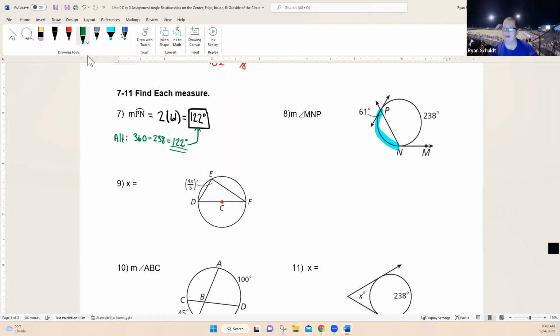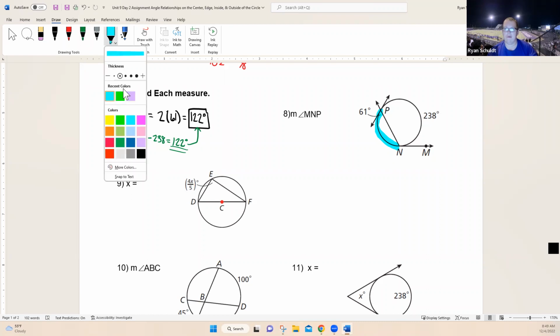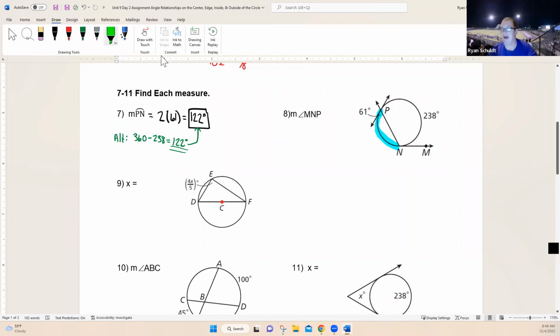Okay, number 8. Find the measure of angle MNP. Now, what do we know? We know this major arc is 238 degrees.